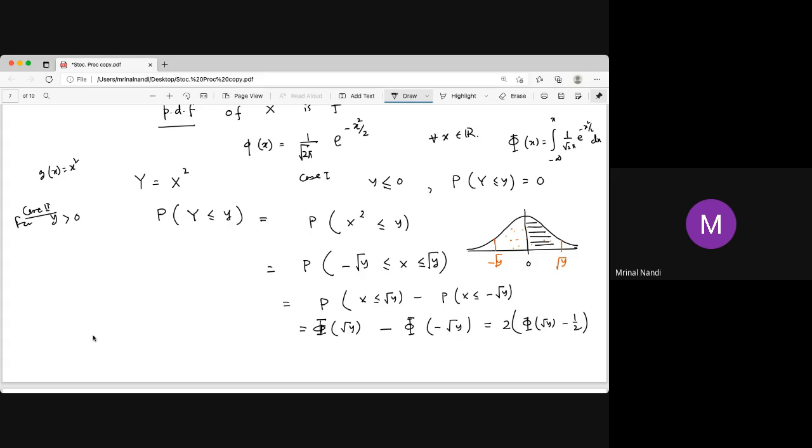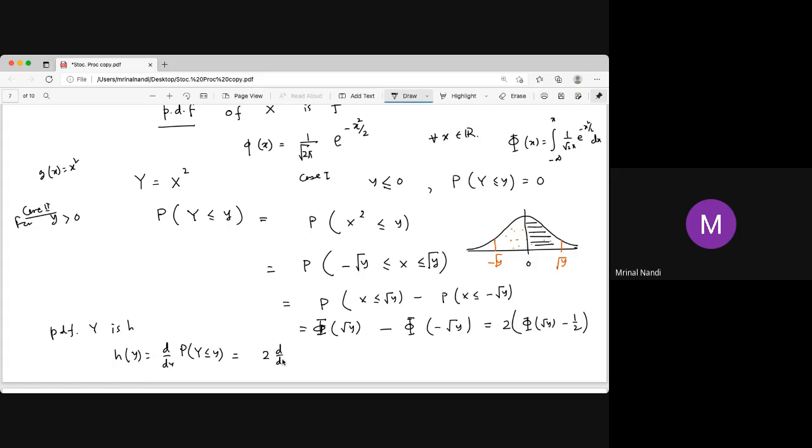So the PDF of y, say h, is the derivative with respect to y of the probability of y less than or equal to y, which is the derivative of this. The derivative of this is twice the derivative of capital phi of root y.